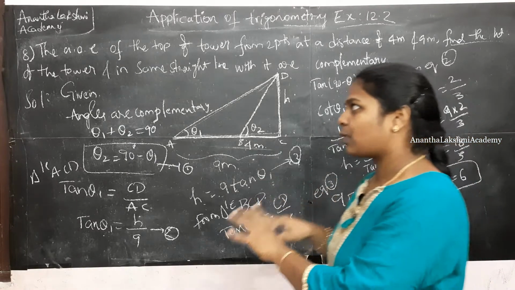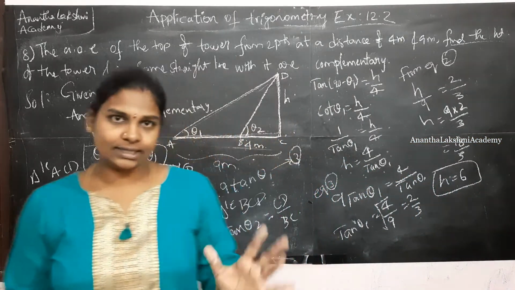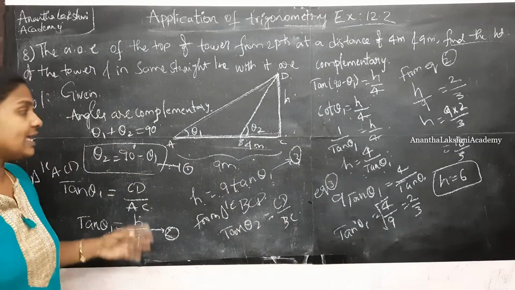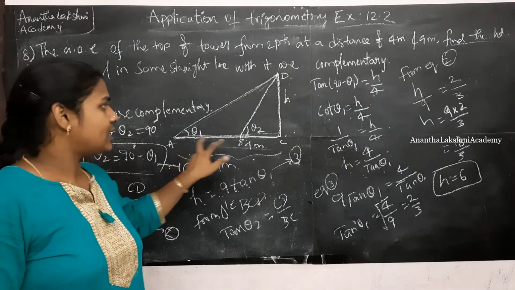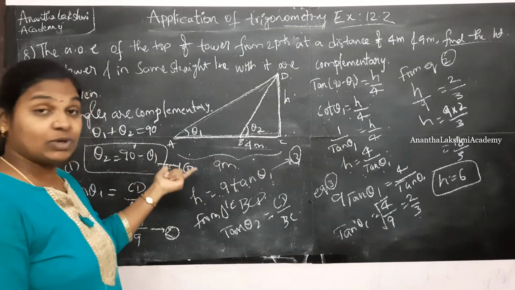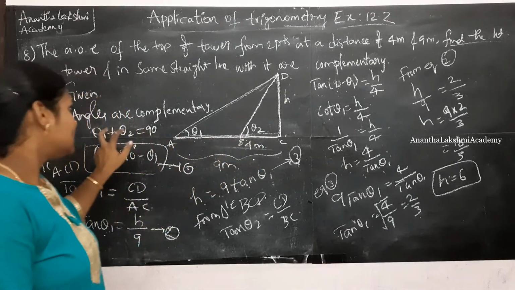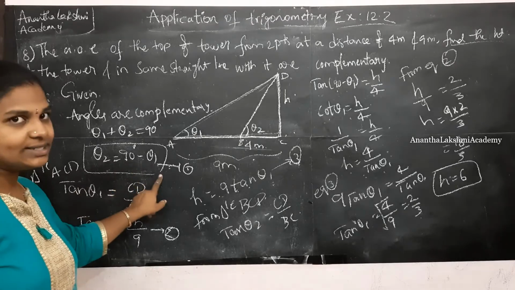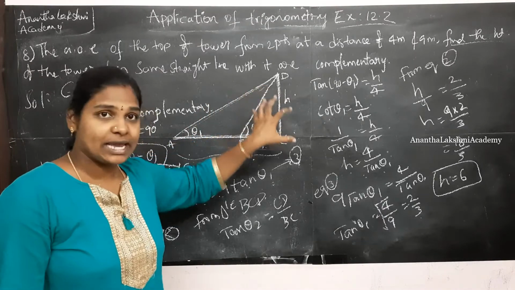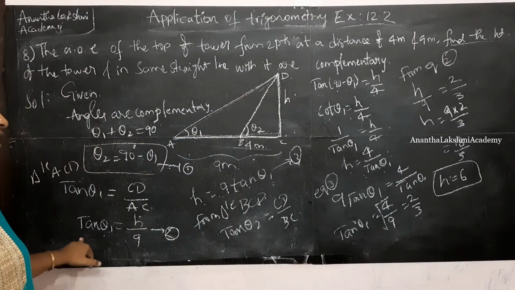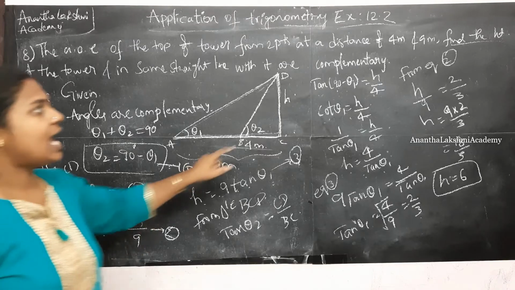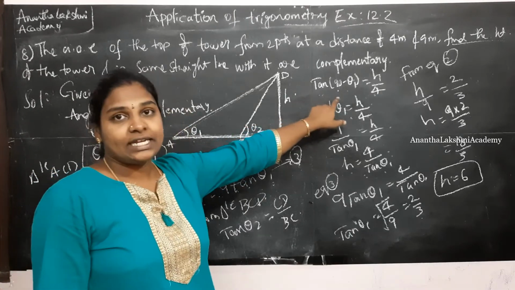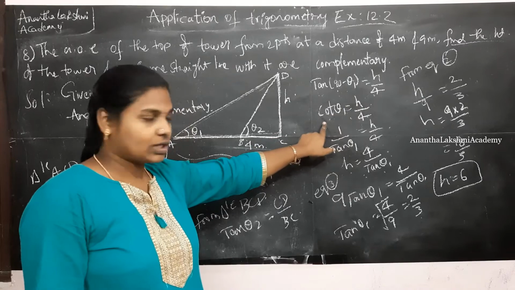This is a problem based on the complementary angles concept. So I am repeating this again. The angles made are complementary, that is what is given, theta 1 and theta 2, the summation of those two becomes 90, hence I wrote theta 2 as 90 minus theta 1. So from the triangles, by applying the trigonometric ratios, I figured out tan theta 1 first, and by substituting 90 minus theta 1, we got cot theta 1.